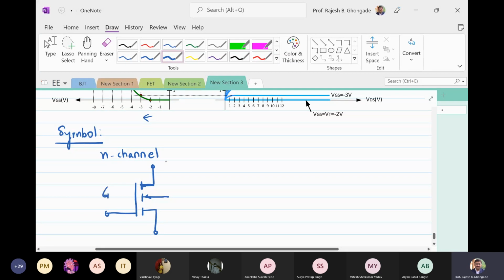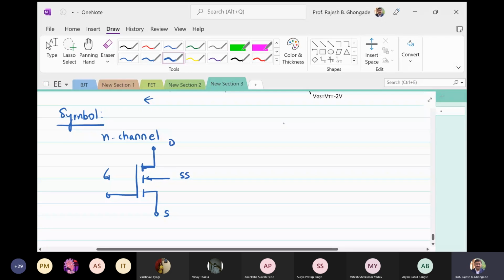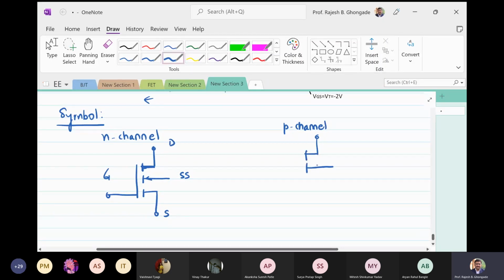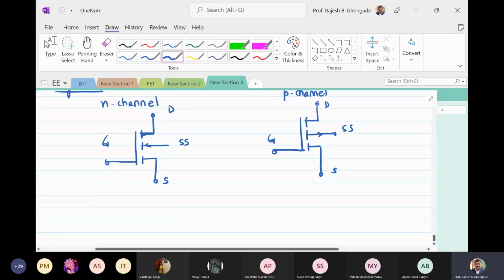This is your gate, this is your drain, this is your source, and this is your substrate or body. Okay. For P channel, drain, source, gate, substrate. Now there are alternative symbols being used by people, so I'll give you those also.